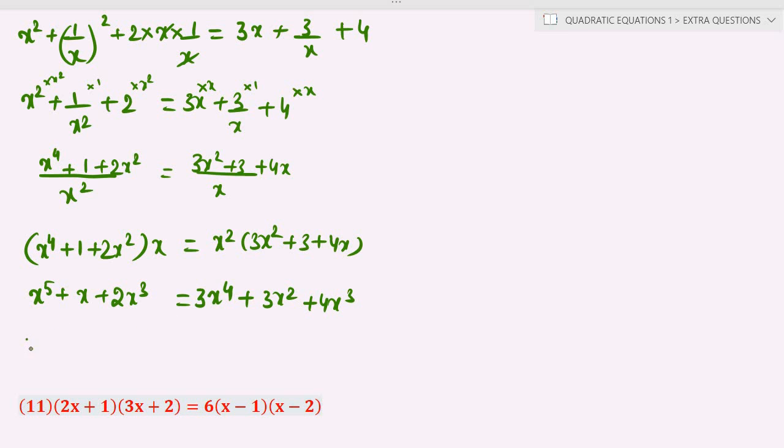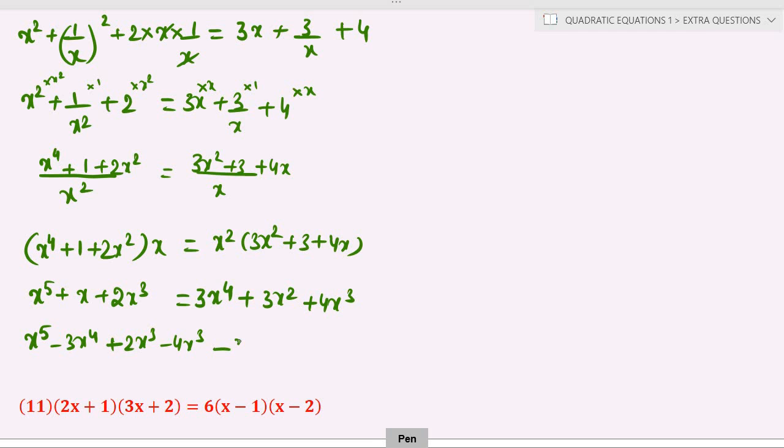Everything you take to the left hand side. x⁵ − 3x⁴ + 2x³ − 4x³ − 3x² + x = 0.